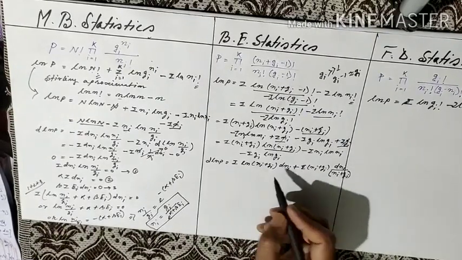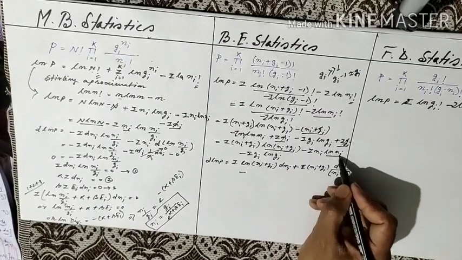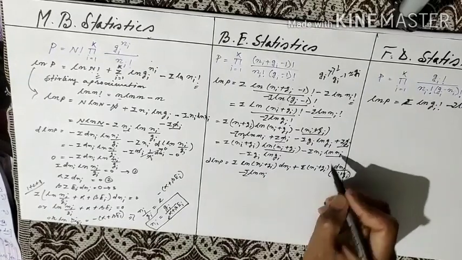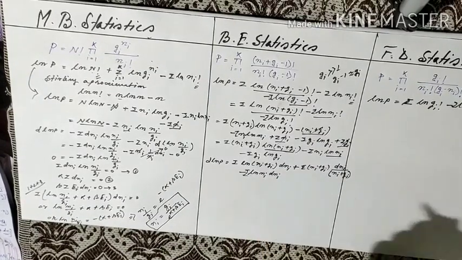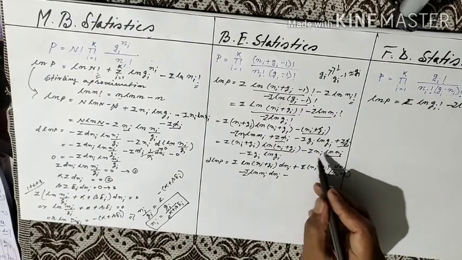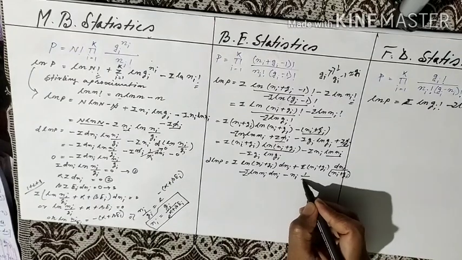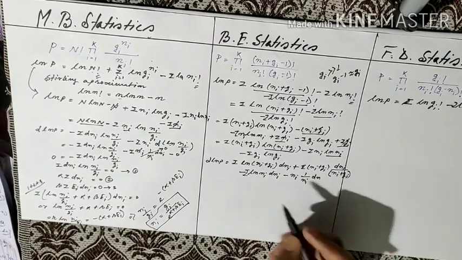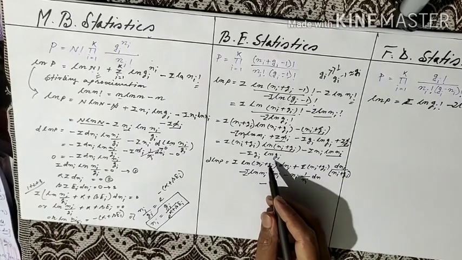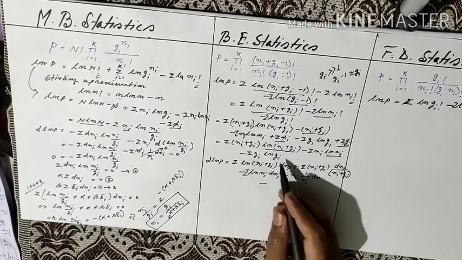Minus this part, again first function into second function, put it constant, summation ln ni into dni, then second part ni, 1 by ni dni, minus this part automatically becomes 0 because this is constant.